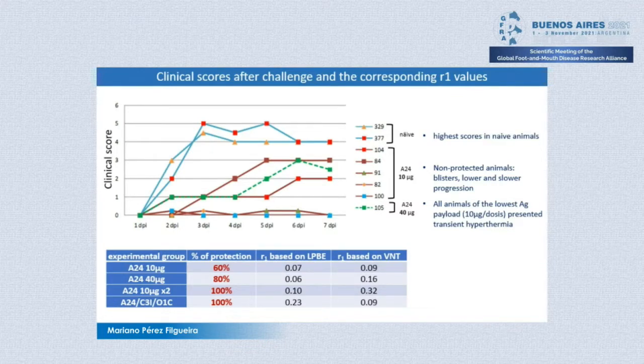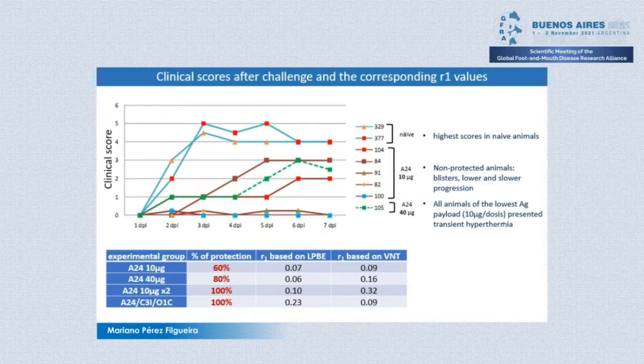There was a third group that didn't show blisters, but sometime during the 7-day period they presented some kind of transient hyperthermia, and all of them belong to the lowest payload vaccine, the 10 micrograms per dose.